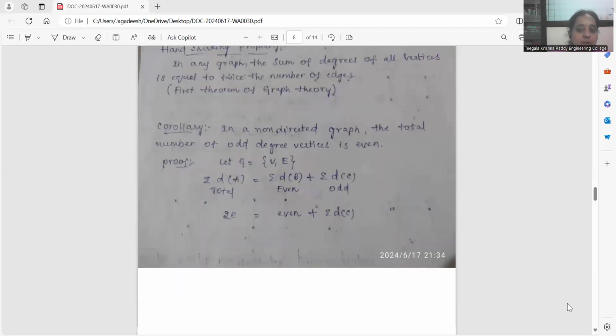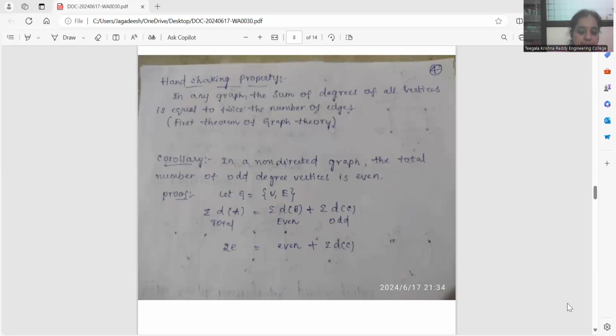Next, we have the corollary from that theorem. What is that? In a non-directed graph, the total number of odd degree vertices is even. Now, we know that a graph is a set of vertices and edges. For an undirected graph, we are taking the degree. We are not considering in degree and out degree because direction is not mentioned there.